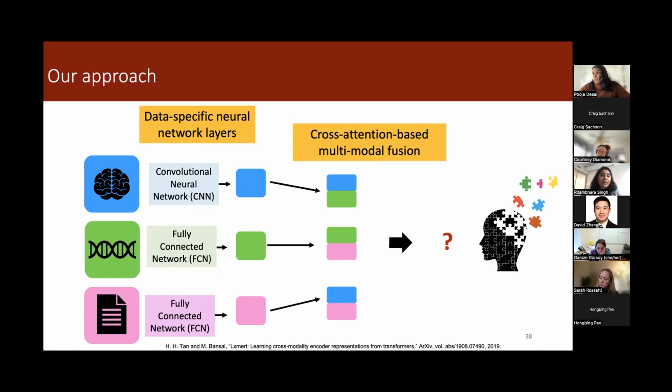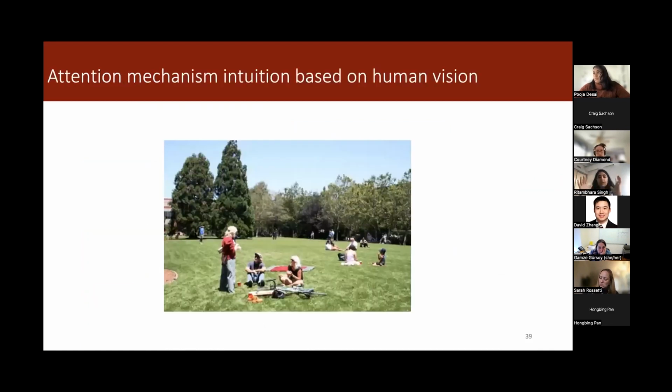So what do I mean by attention mechanism? The idea of attention mechanism was introduced back in 2014. And again, it was roughly inspired by how attention happens in the human brain. So when you're looking at this image, you can tell that it's a park.